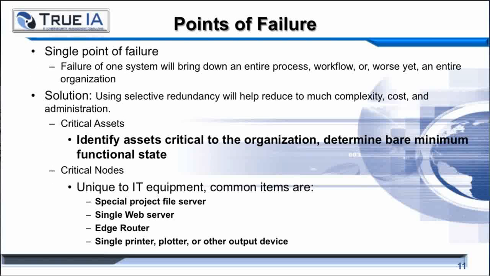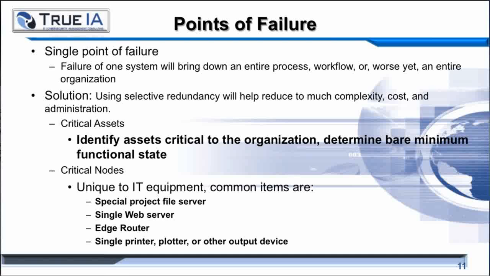When designing our networks, we take care to try to eliminate any single points of failure. Failure of one system can bring down an entire process or workflow, or worse yet, an entire organization. The solution to this is using selective redundancy. This will help reduce the complexity, cost, and administration of your IT environments, especially when it comes to critical assets.